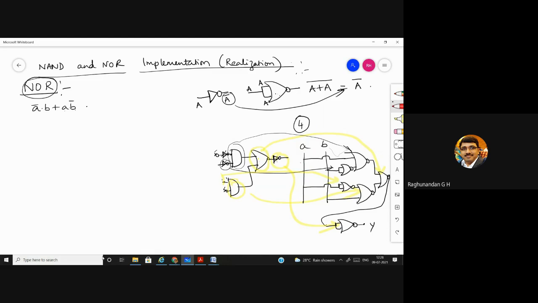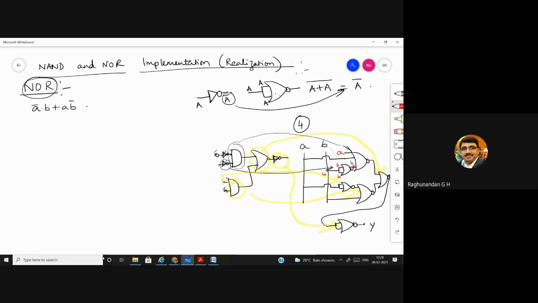Okay, at this point we are having A, and here what you'll get at this point? What is the input at this point? Here we are having B, B plus B whole bar gives what?